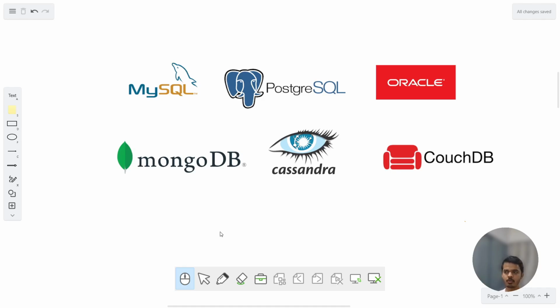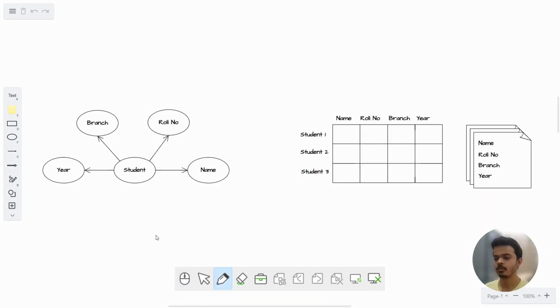Now, databases are broadly categorized into SQL and NoSQL databases, like relational and non-relational databases, right? So choosing the right database is important. Now, how to choose the right database? In order to choose the right database, you need to understand the structure of data, the kind of data you want to store. We'll be understanding that now.